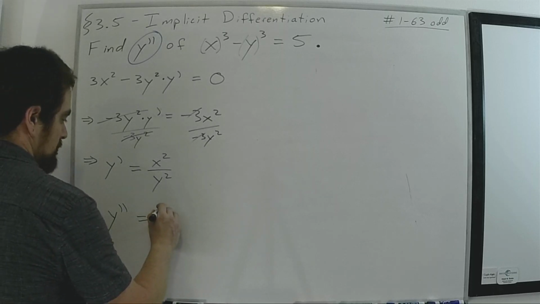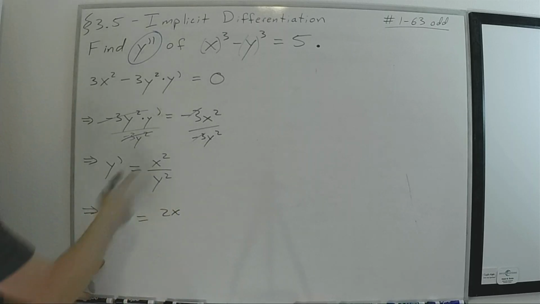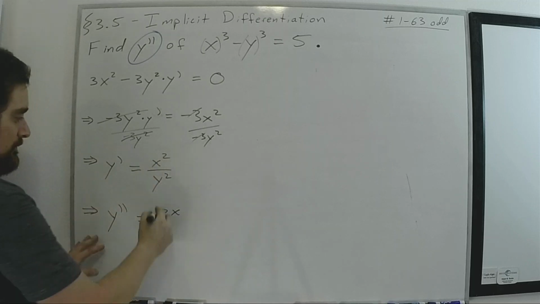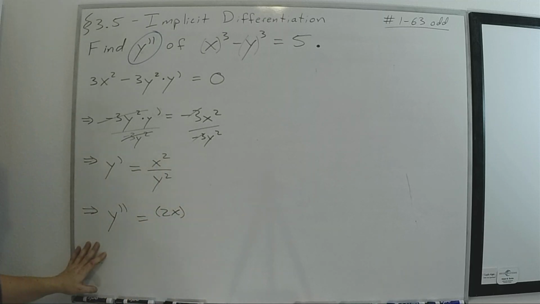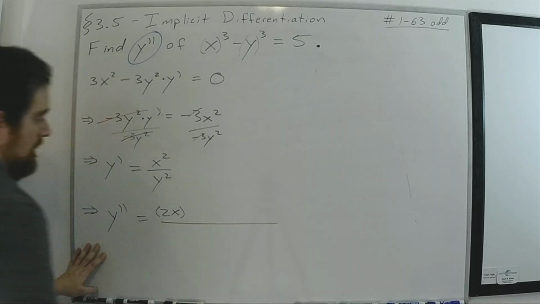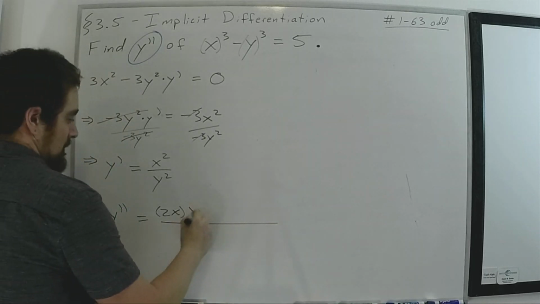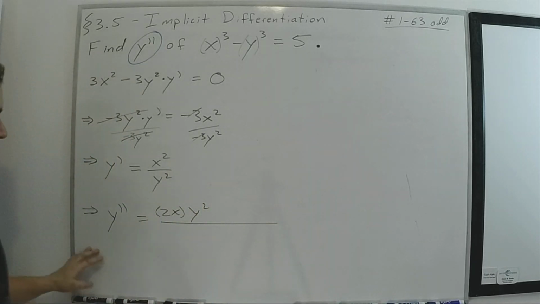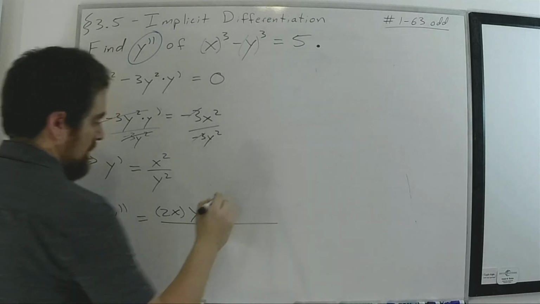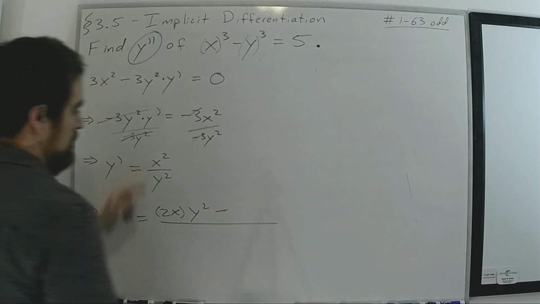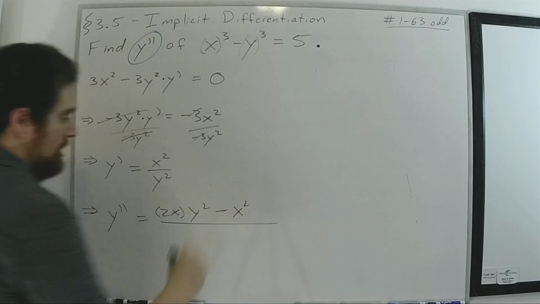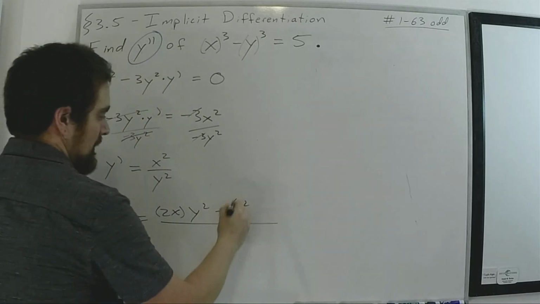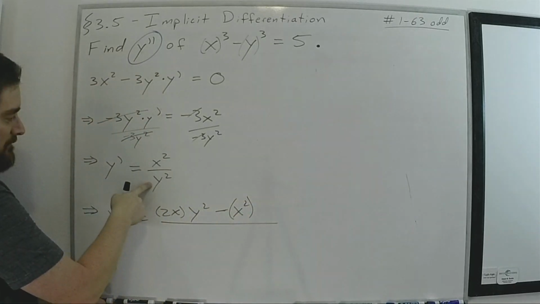I do the derivative of the top, which is 2x. And I'm always differentiating with respect to x, so that's a nice and easy job. And then I multiply by the original bottom, that's y squared. Quotient rule always gets a minus. Now I do the original top, which is x squared. And I have to multiply that x squared by the derivative of the bottom.